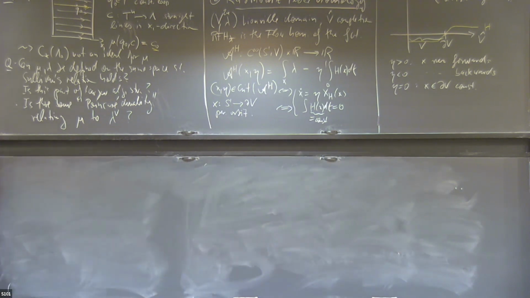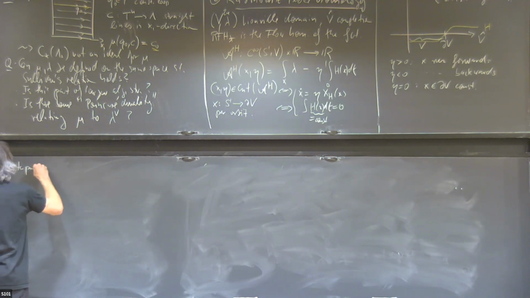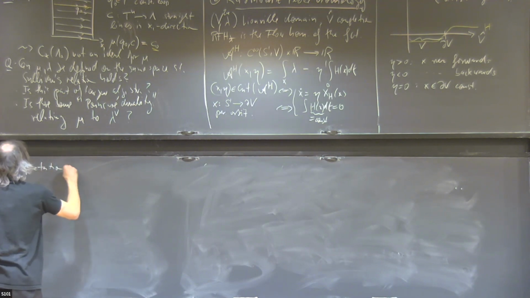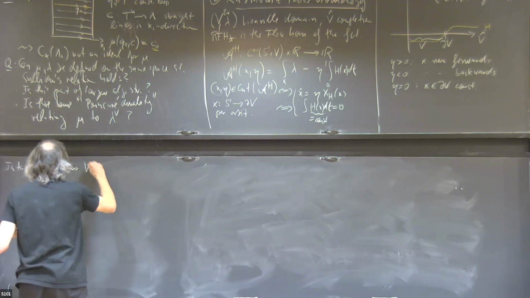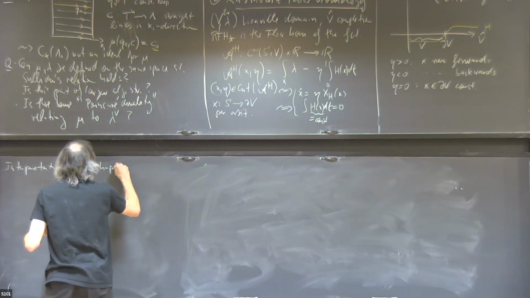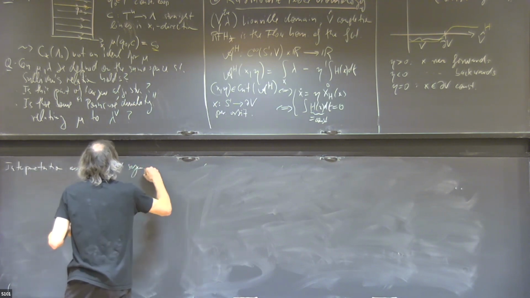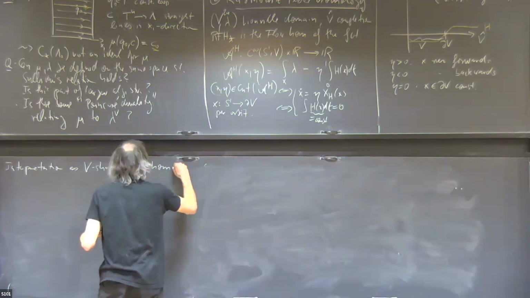Now, for it to be really useful for the purpose of string topology, we want to rephrase this definition in terms of symplectic homology. So the interpretation as so-called V-shaped symplectic homology.